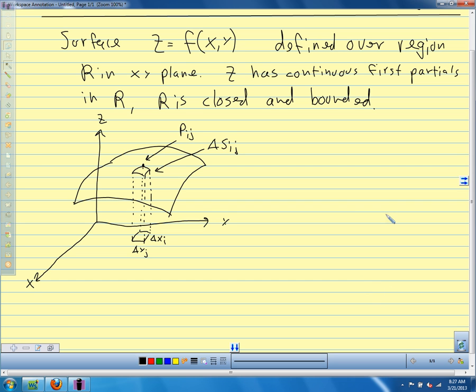So the surface area of our surface is just going to be the sum over these small surface elements, these delta S's. And what we're going to do to come up with an expression for the surface area is look at a section of the tangent plane at this point. We're going to use a little piece of the tangent plane as an approximation for the surface at that point, and then we're going to sum those approximations over our region.